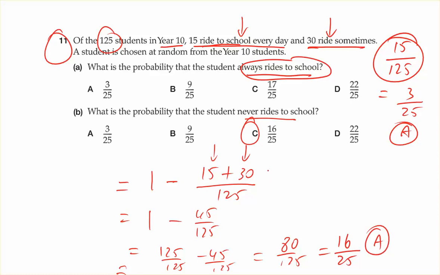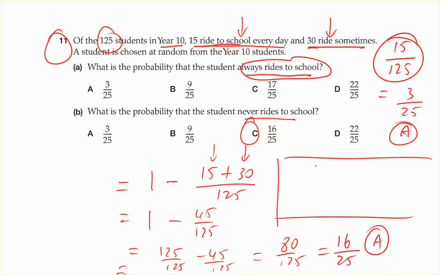Okay, an alternative way to doing this is you can look at the number of students that are not writing to school at all. So we know the total is 125, so you subtract 15, subtract 30, so you should get out of 125, which is equal to, so subtract 45, again you get 80 out of 125, which simplifies to 16 out of 25.